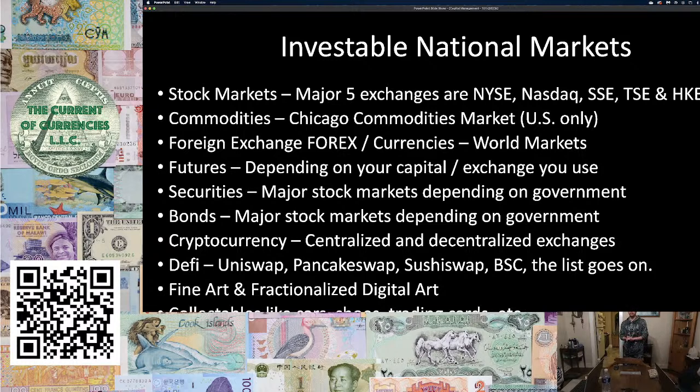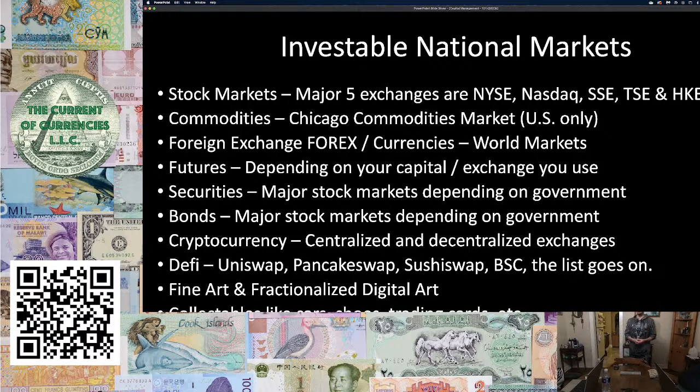It's another investable market that people actually do well from. Right now, fine art is outperforming every other asset class in the entire world this year. I would definitely have a problem paying $100,000 for a picture, but if I can make $150,000 on it 2 years from now, it's still a solid investment.